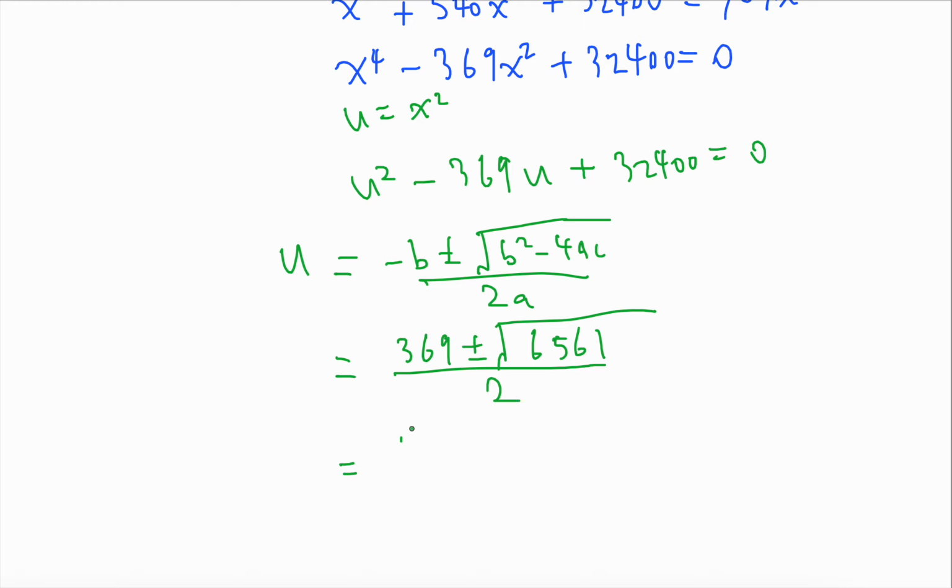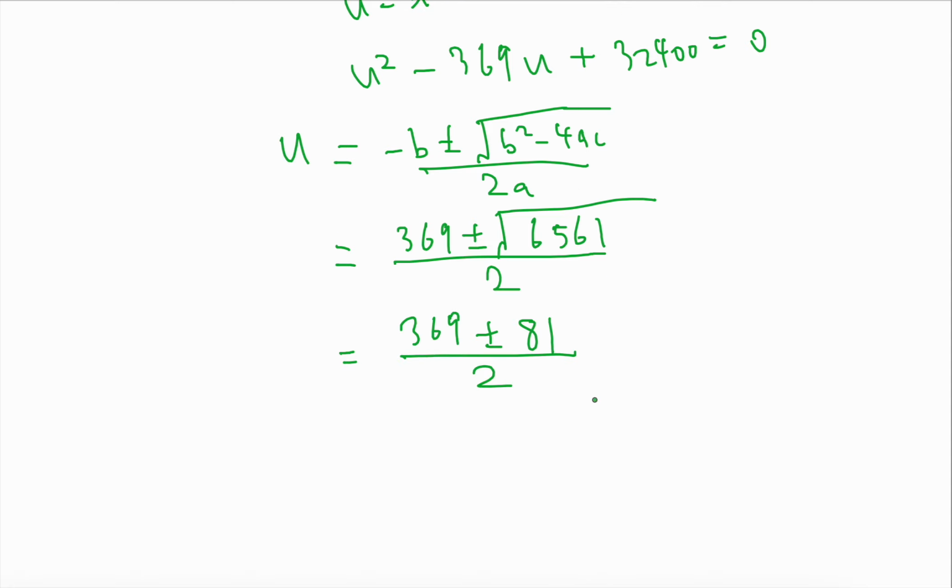So 369 plus or minus 81, divided by 2. 369 plus 81 gives the first answer, 225. And the other answer is 144.